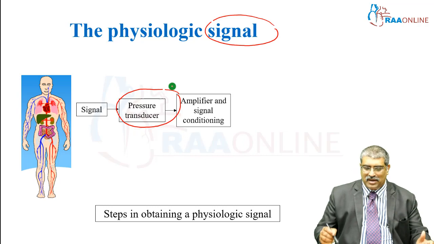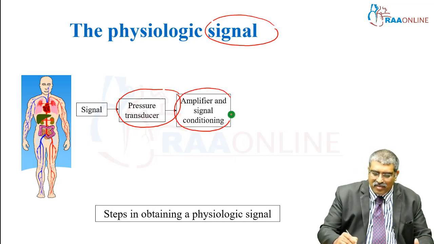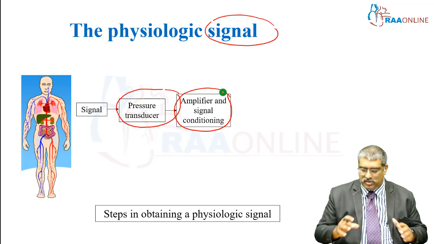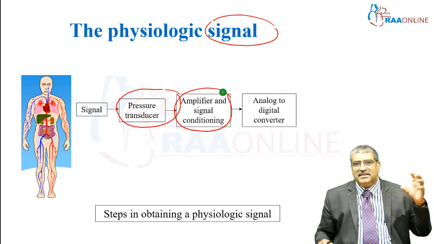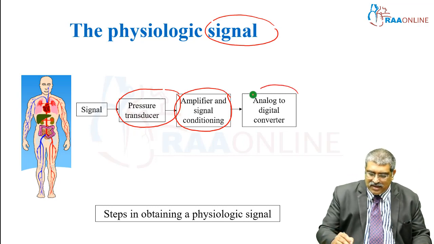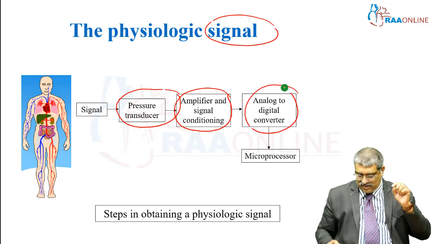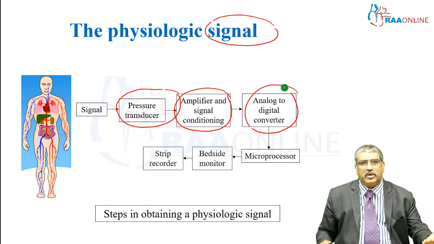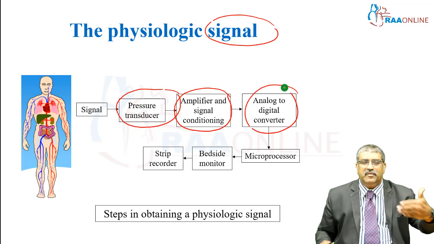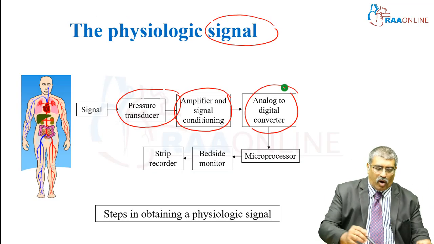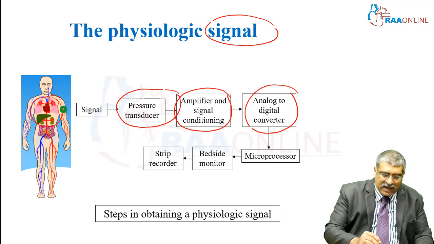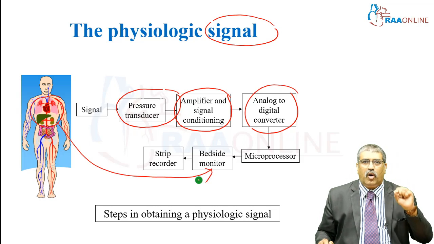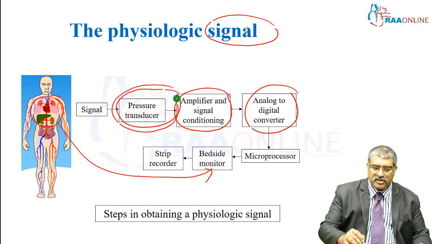This transducer amplifies and microprocesses the signal, which is obtained through a strain gauge principle, and this is converted to a digital converter which is displayed in the bedside monitor, and you can record the event which is happening. So, what is happening as a mechanical event comes as a digital display in the monitor through the pressure transducer system.